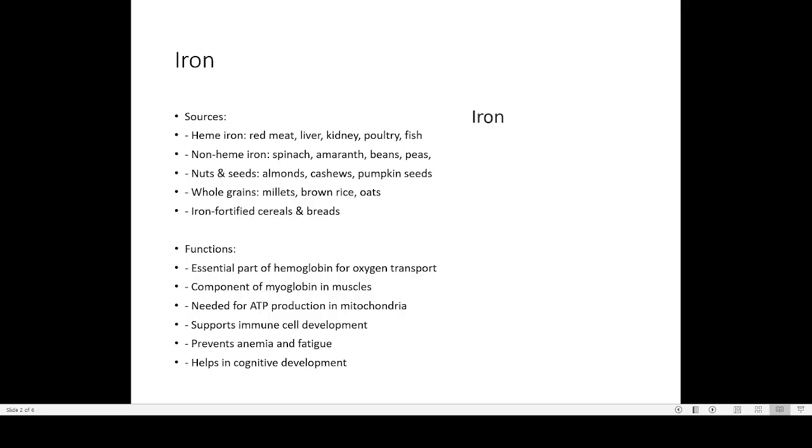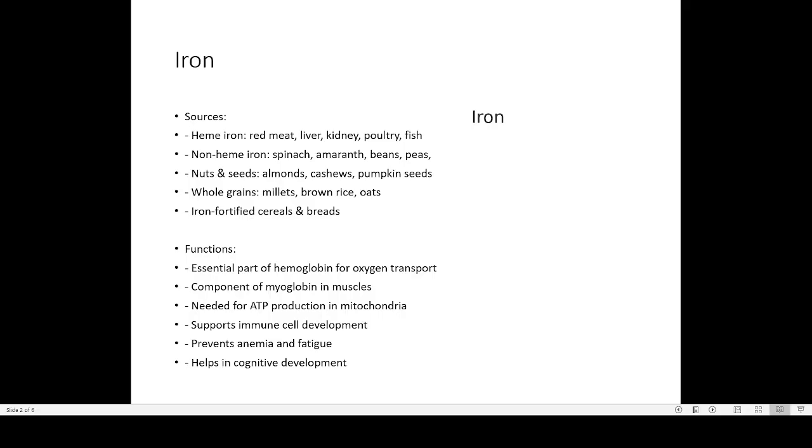Then also for the myoglobin, just like hemoglobin, myoglobin is also a pigment, and for that pigment also we need iron. Then it is needed for the production of ATP in mitochondria, that is another function of iron. ATP is the energy currency of the body. If there is no ATP synthesis, most of the cells and tissues may not be able to work.